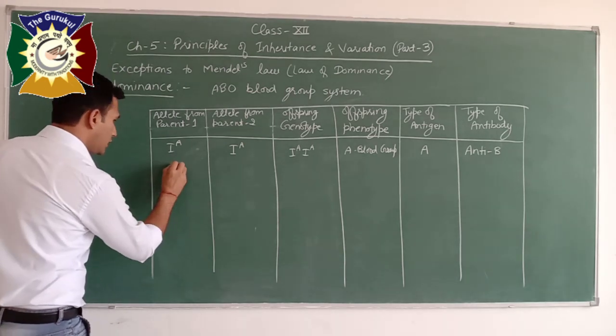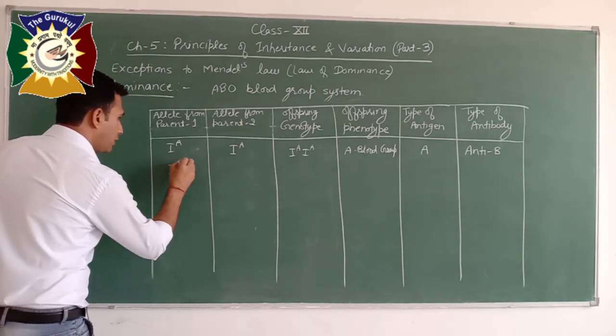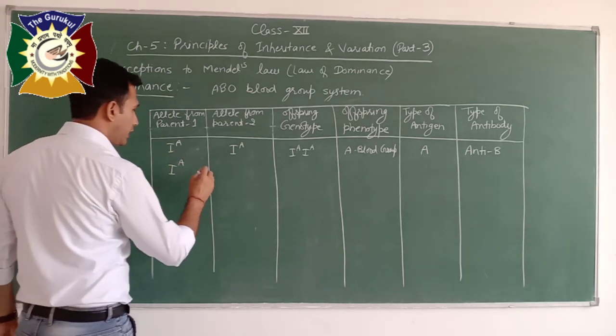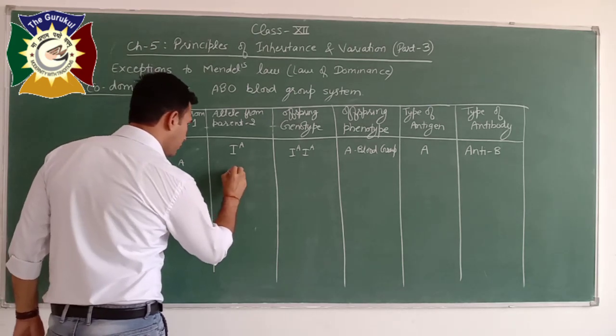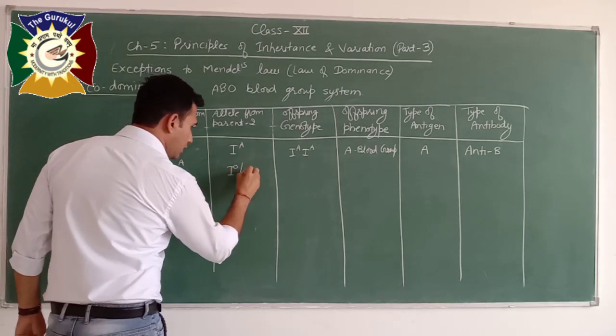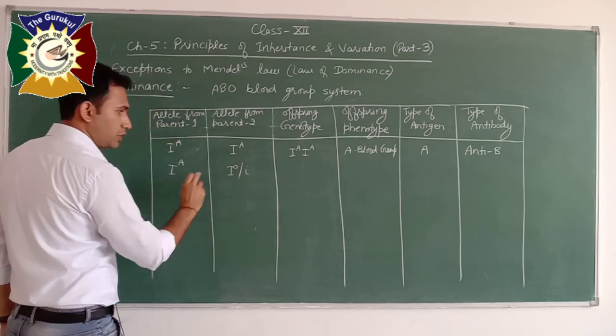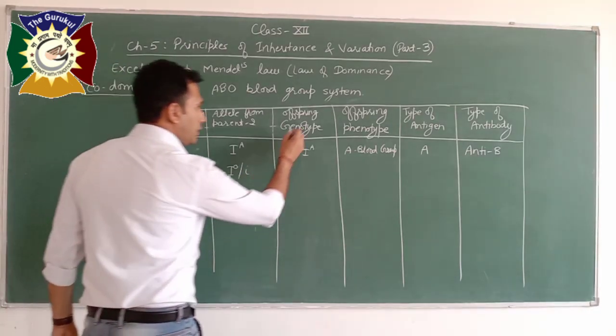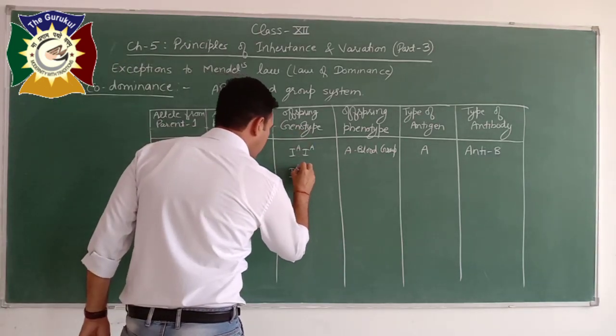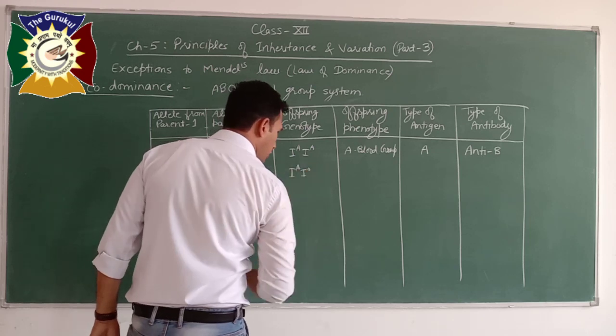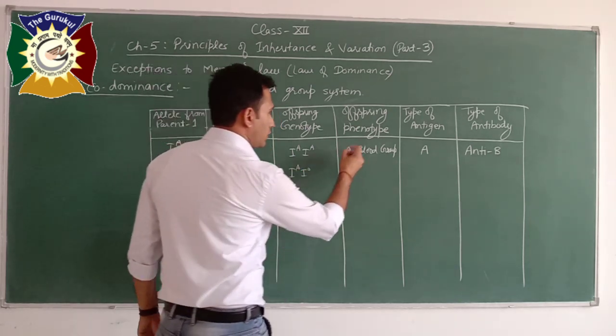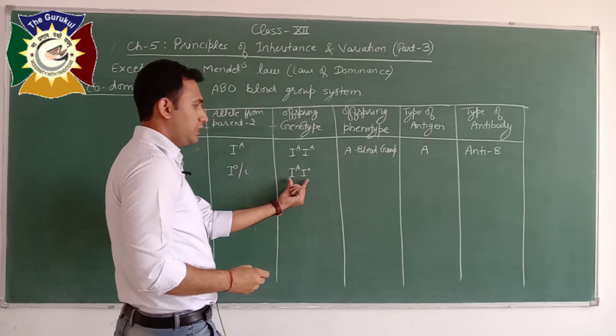Now the second combination is, if one parent gives IA, the second parent gives I naught. Now the offspring will have IA, I naught.